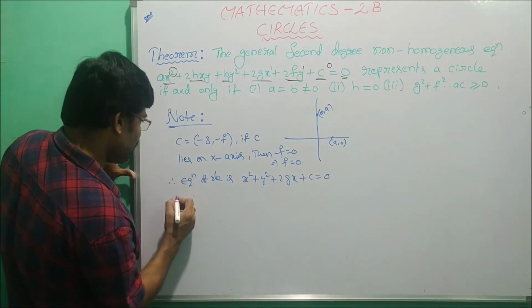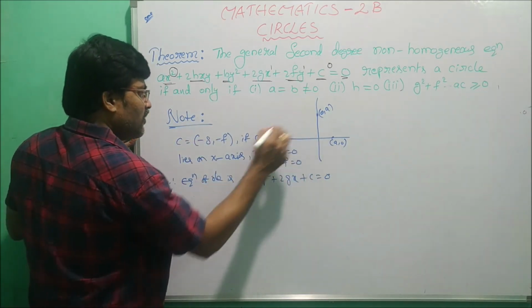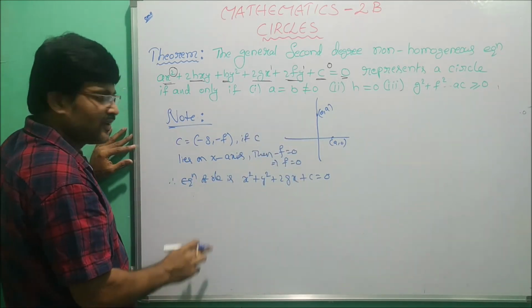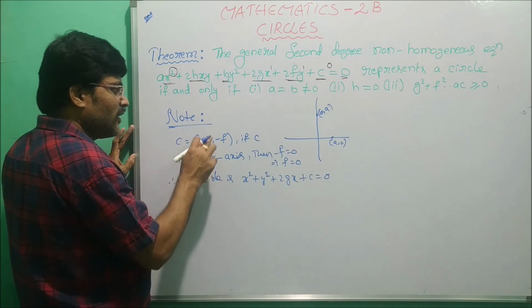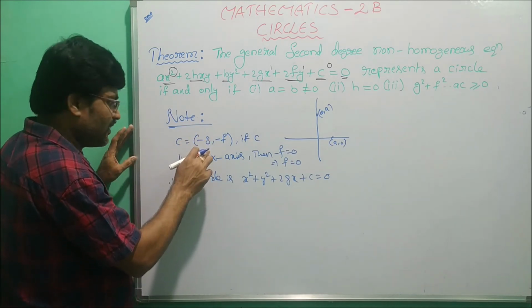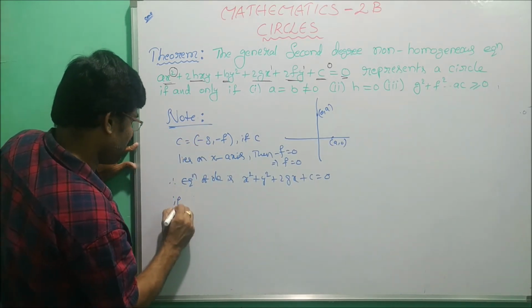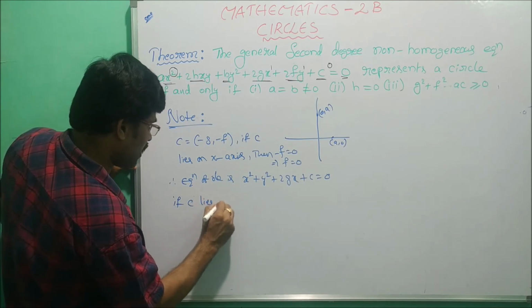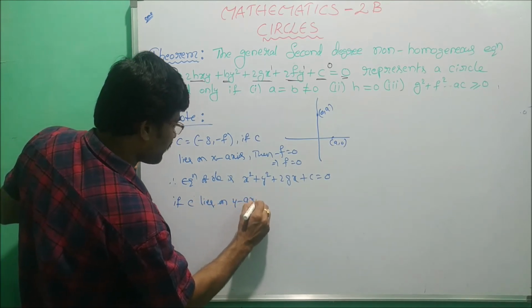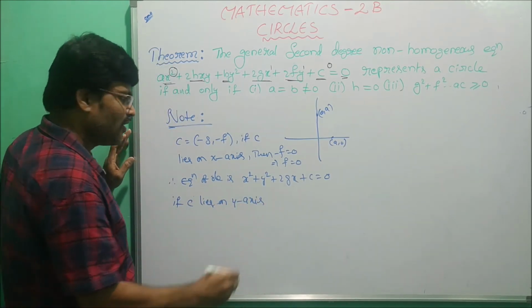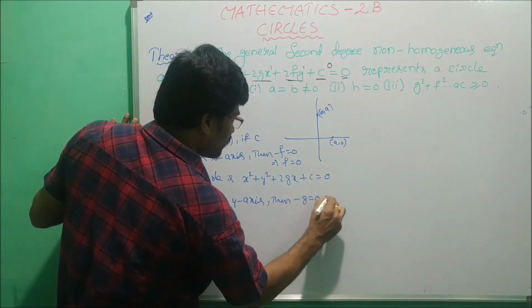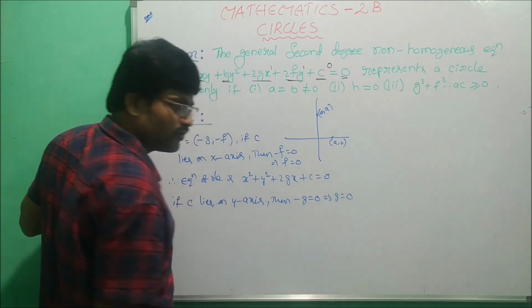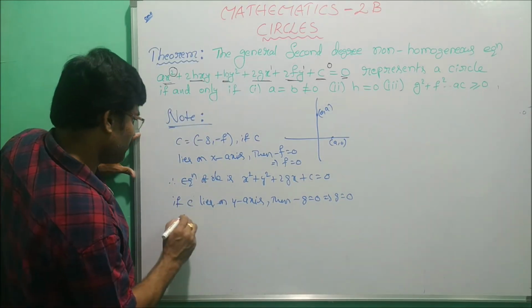Similarly, here the center lies on the y-axis. Here the x coordinate is 0, that means -g equals 0. If the center lies on the y-axis, then -g equals 0, which implies g equals 0.